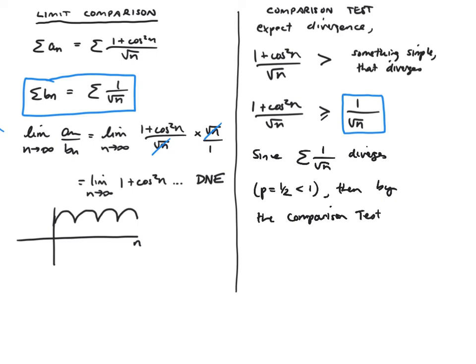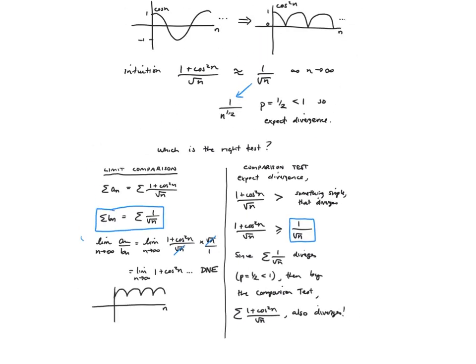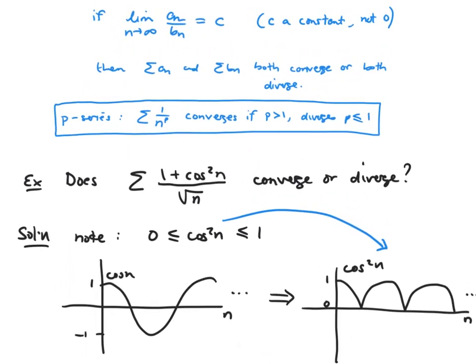So by the comparison test, our more complicated a_n, 1 plus cos squared n over the root of n, always larger than 1 over the root of n, we just showed, also diverges.